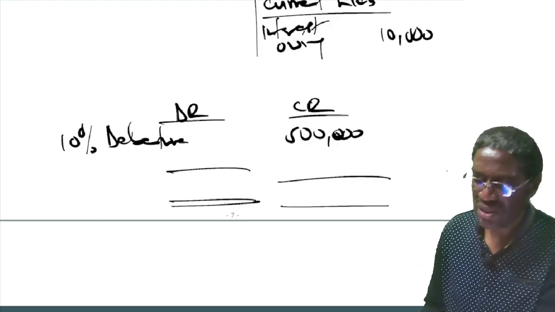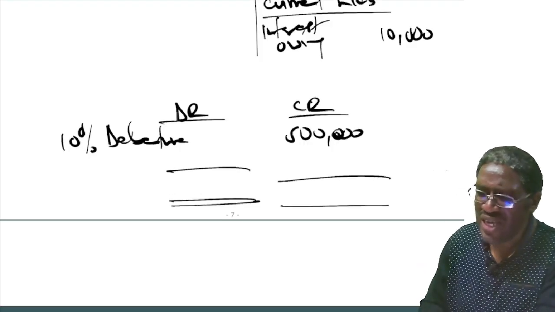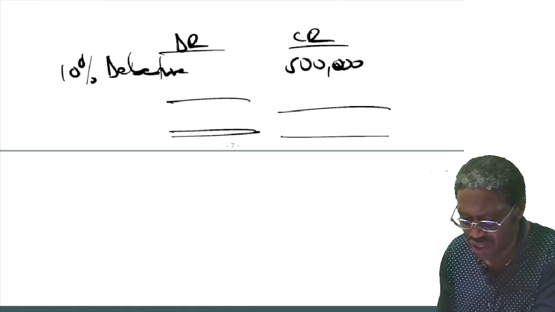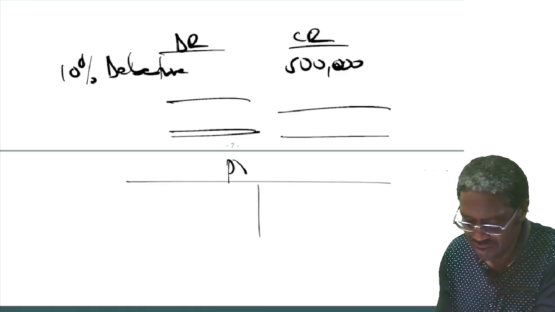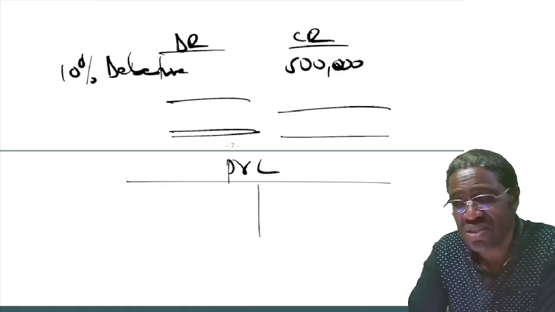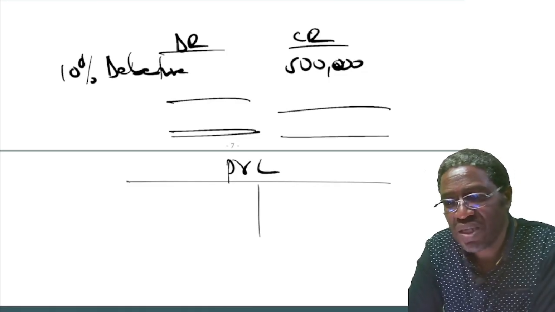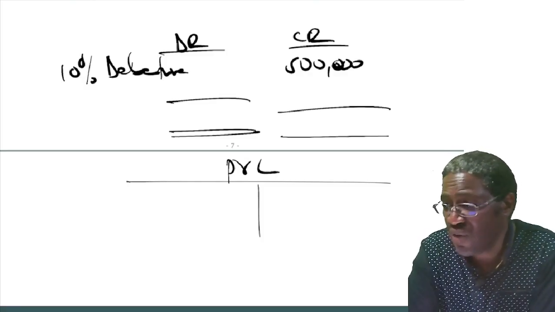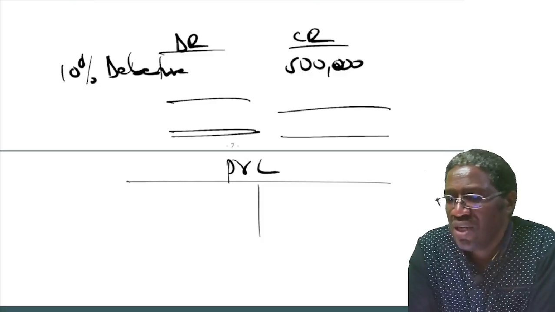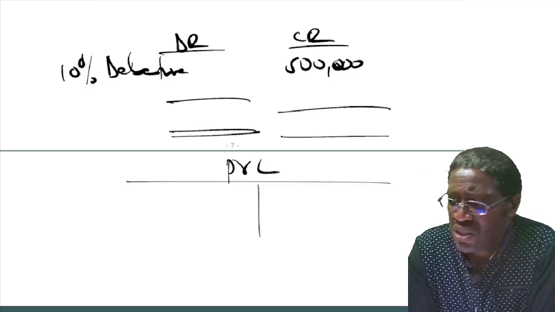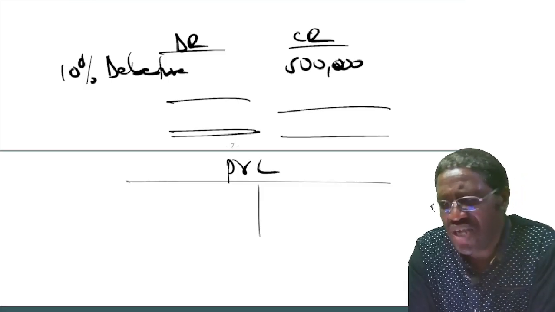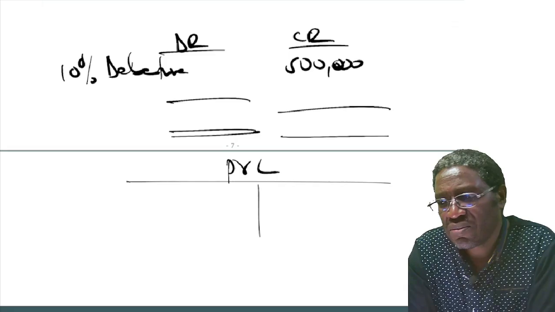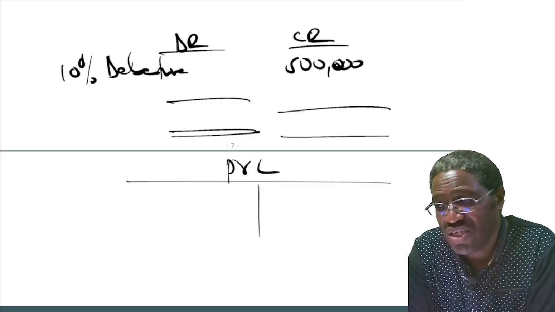Question is, when you are preparing the income statement or the profit and loss account for this company, will you still charge interest? You are given a trial balance of that nature, 10% debentures amounting to 500, and told to prepare an income statement. Will you still charge interest? Yes or no?